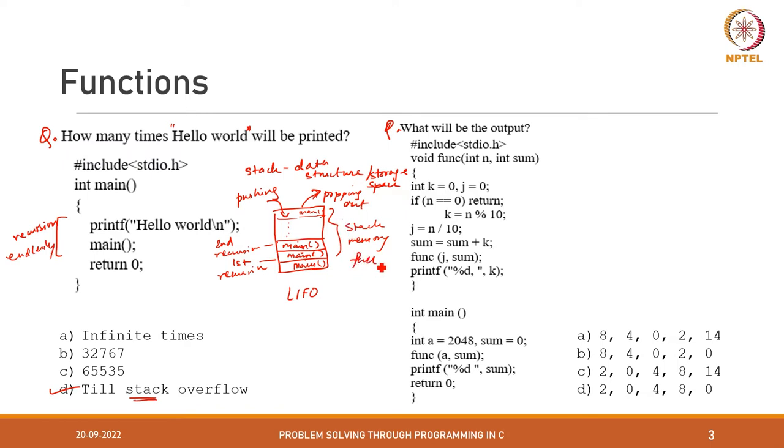It will say that stack overflow has occurred, so the program will stop there. There is no definite limit. Actually, it varies from processor to processor. It is processor dependent. Yeah, it's processor dependent.